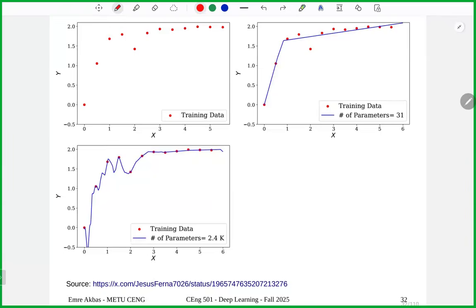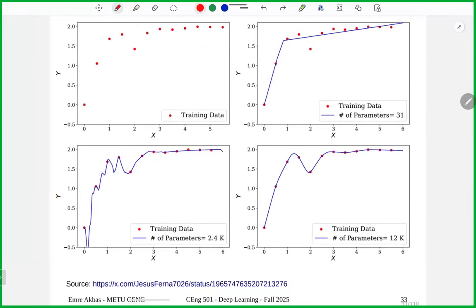But it doesn't happen. With 12K parameters, it fits perfectly, and it also smooths out, and it captures the trend perfectly. So the test error of this is also small. So here you see, 2.4K for this specific problem is where, remember the double descent phenomena, it will be like this.